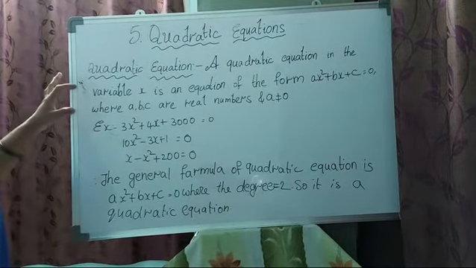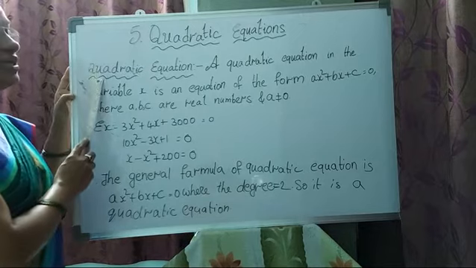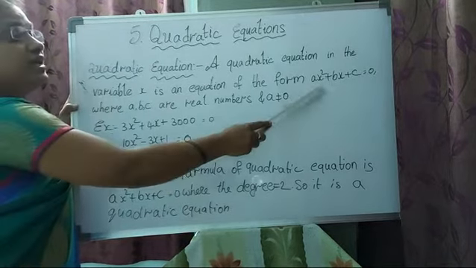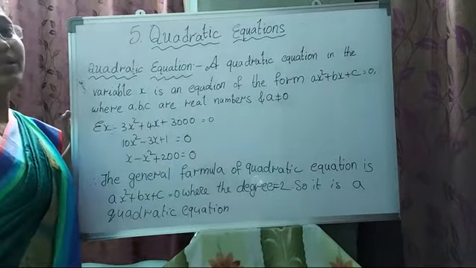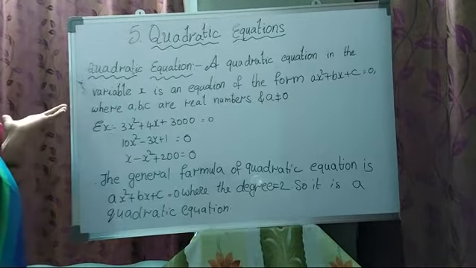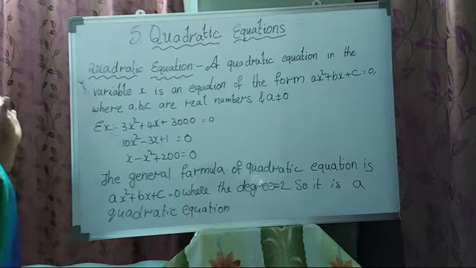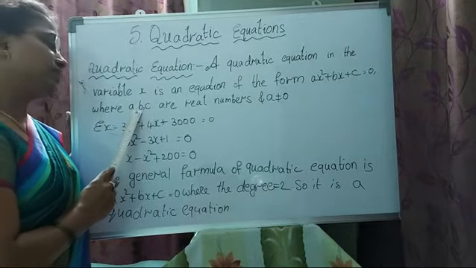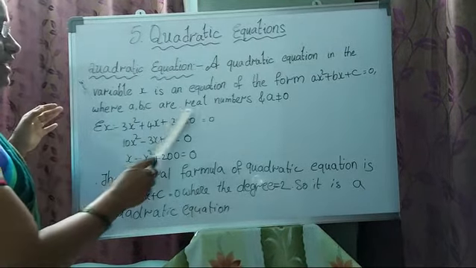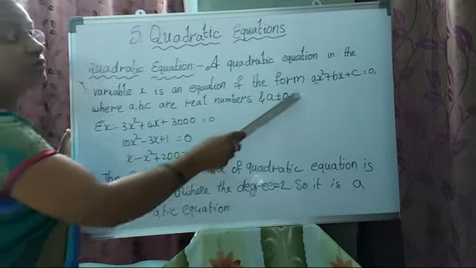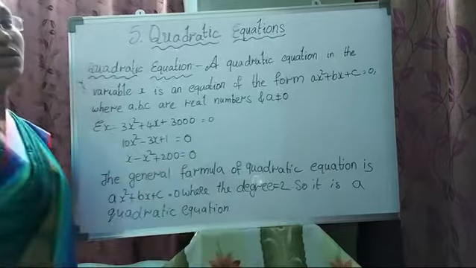This is the rule for a quadratic equation. The form should be ax square plus bx plus c, and a, b, c are real numbers. Real numbers may be fractions or whole numbers, natural numbers, integers, whatever they may be. But a should not be equal to 0.